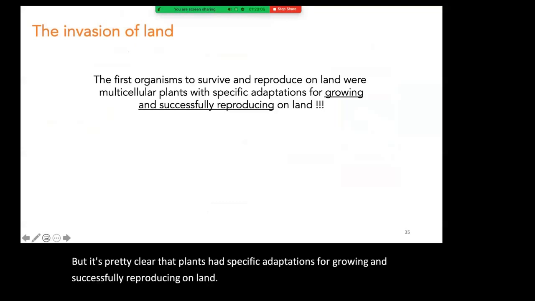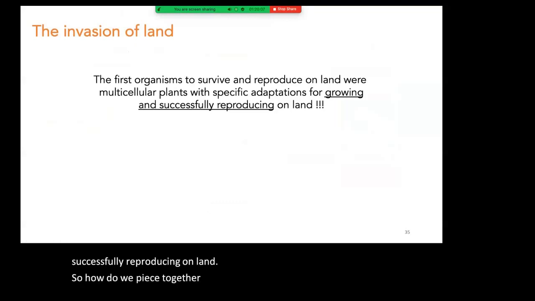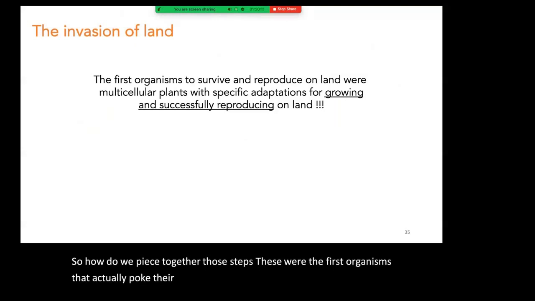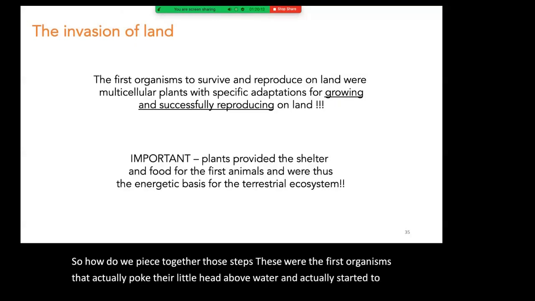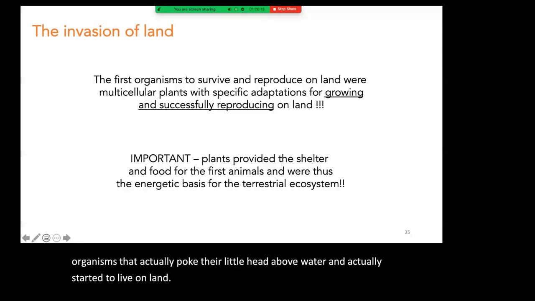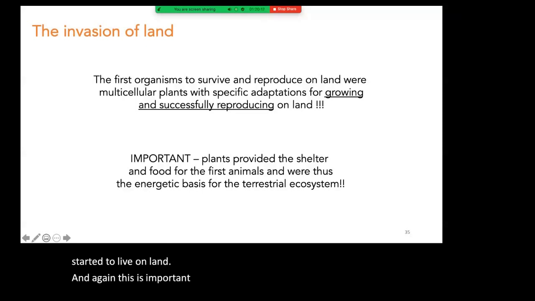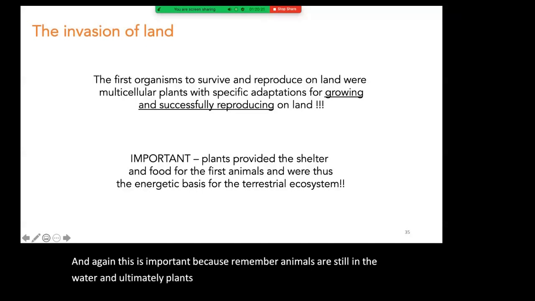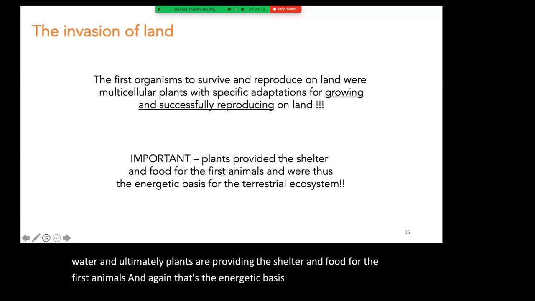So how do we piece together those steps? These were the first organisms that poked their little heads above water and started to live on land. And again, this is important because remember, animals are still in the water, and ultimately plants are providing the shelter and food for the first animals. That's the energetic basis for the terrestrial ecosystem.